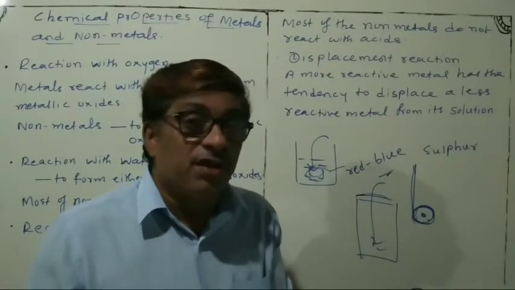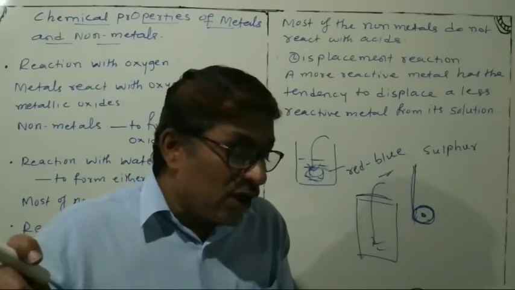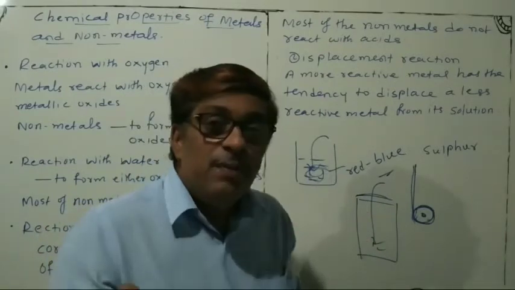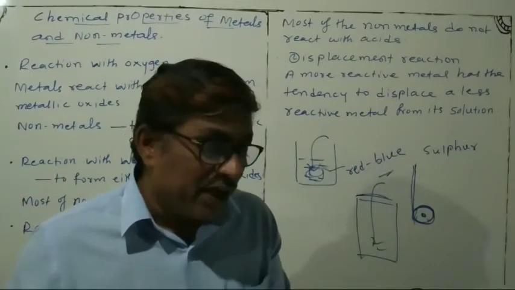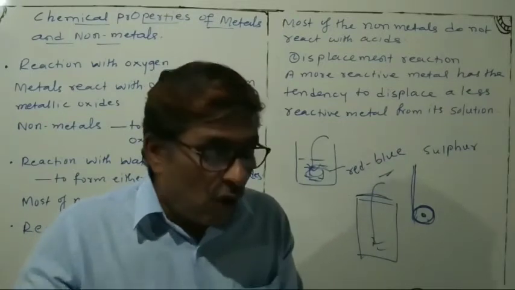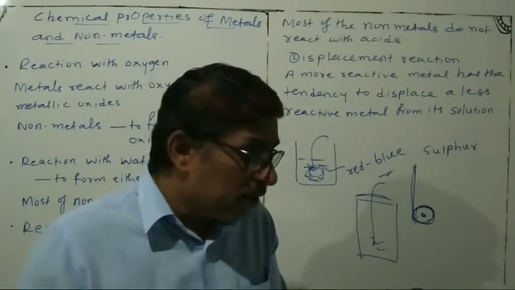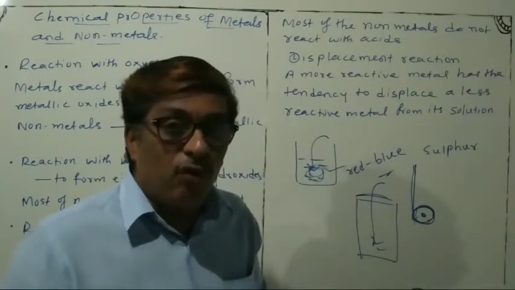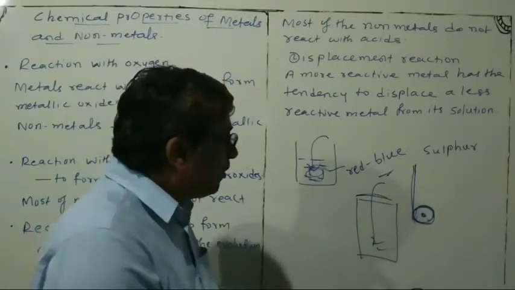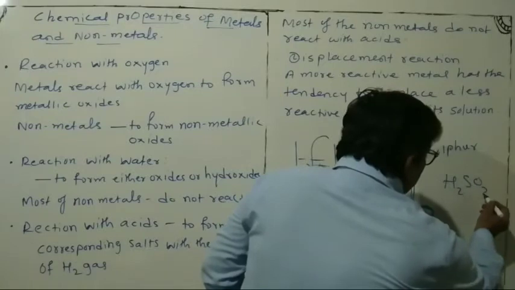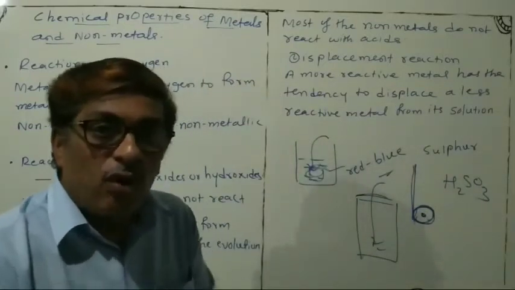Observation: sulfur burns in oxygen and produces sulfur dioxide. On dissolving the sulfur dioxide in water, sulfurous acid will form. The chemical formula of sulfurous acid is H2SO3.